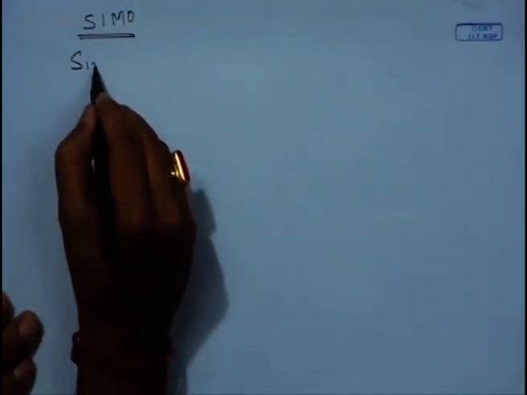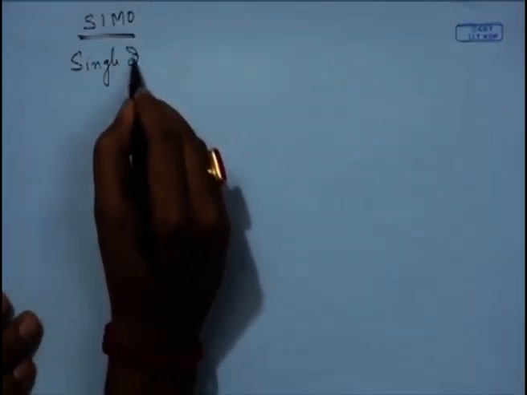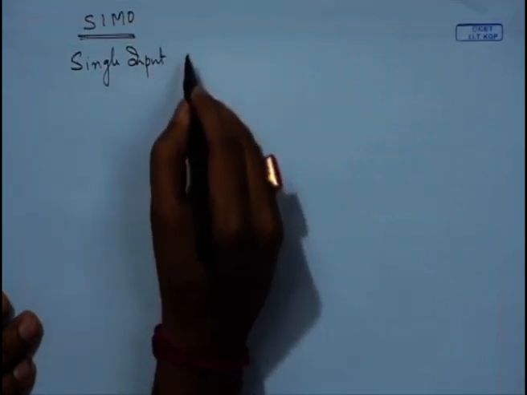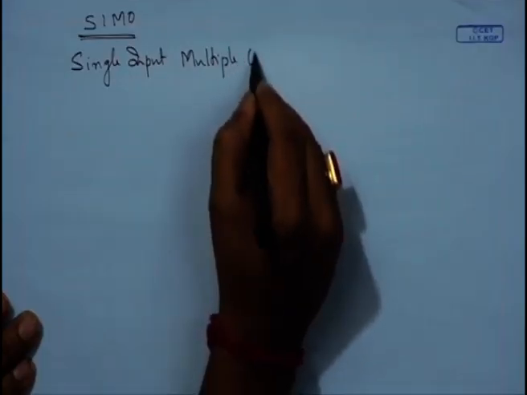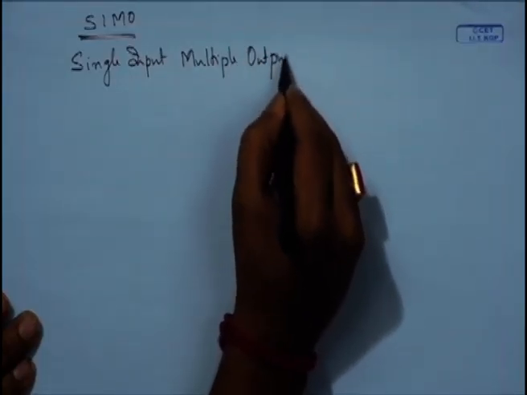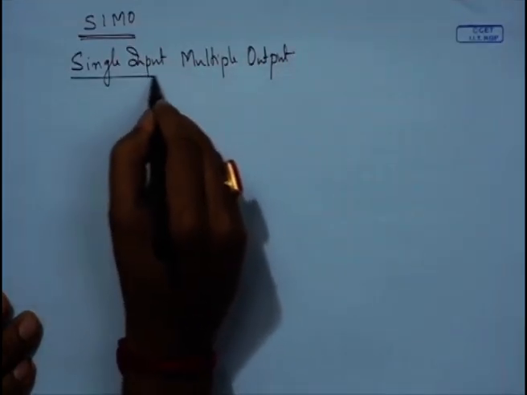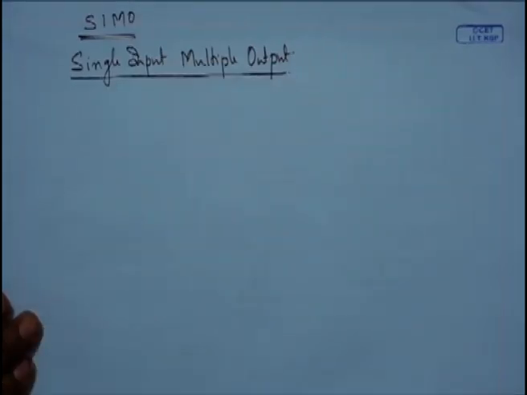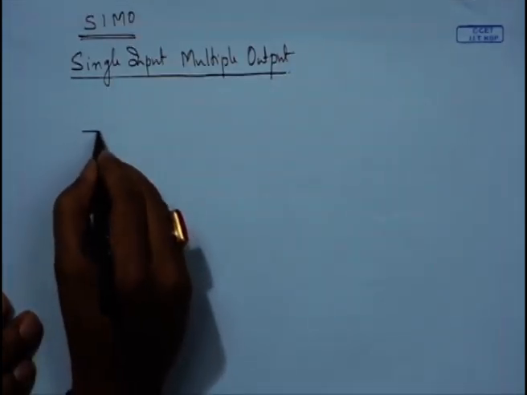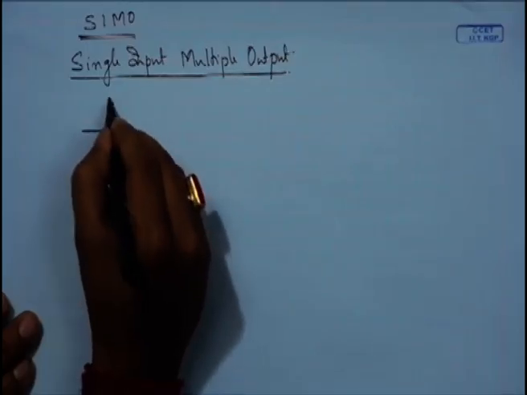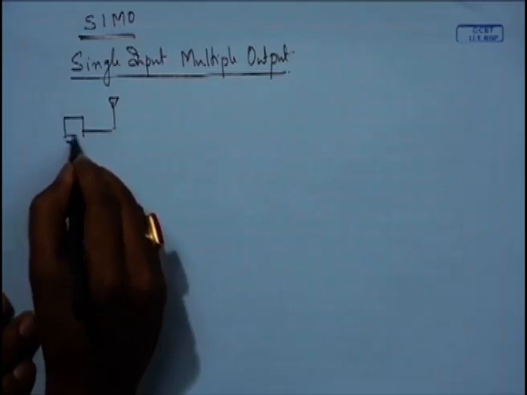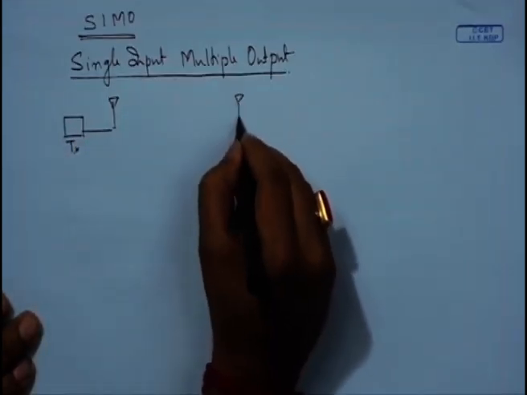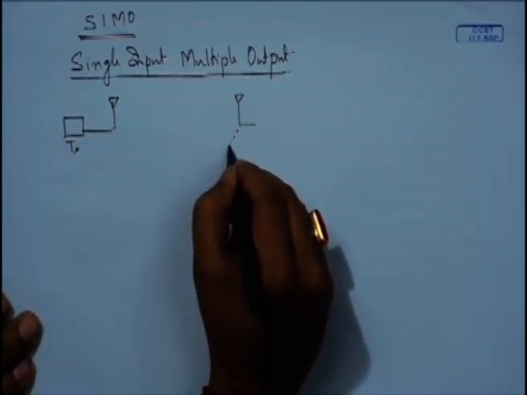The SIMO channel, as the name says, is single input, multiple output. That means we are looking at a situation where the transmitter has only one antenna and the receiver has multiple antennas.